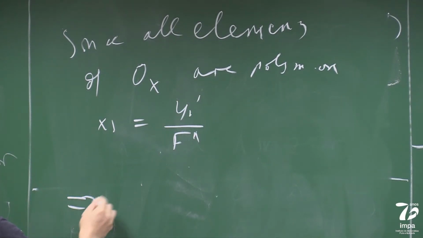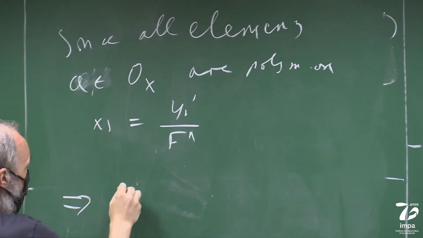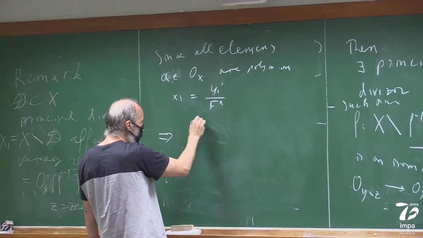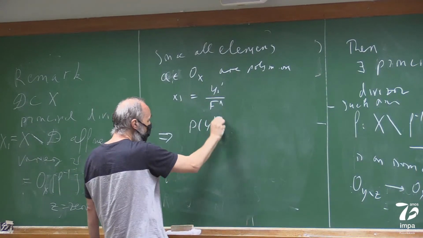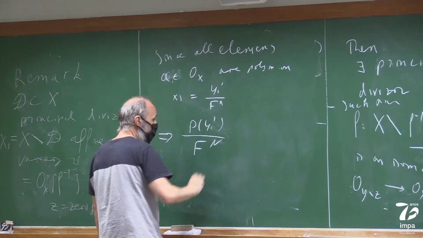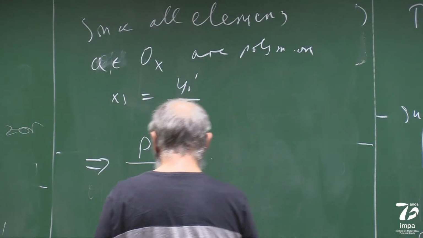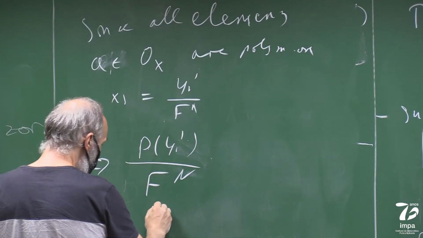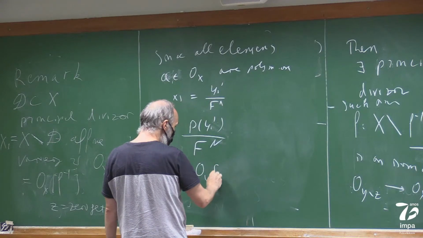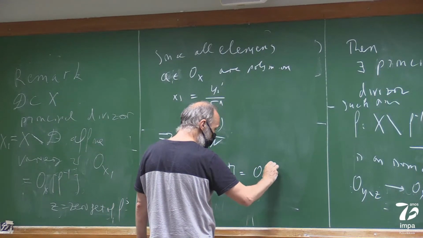This implies that all elements a inside O x are some polynomials of yi prime divided by f to some very big power. And this implies, in turn, that O y with f localized is the same as O x with f localized.